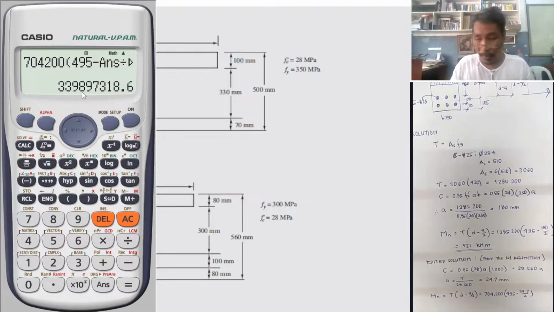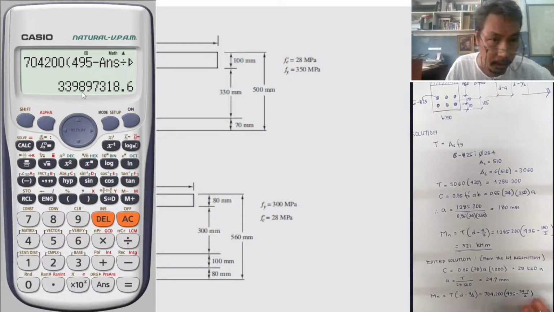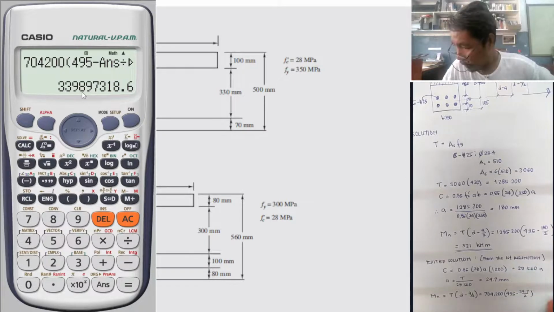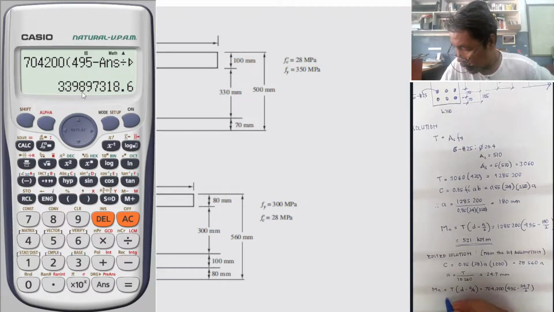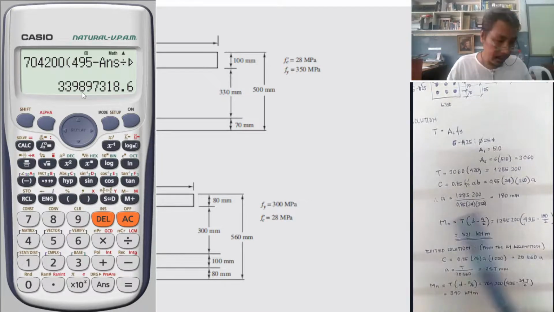So for 3 significant figures, this is equivalent to 340 kilonewton meter. Okay? 3 significant figures.